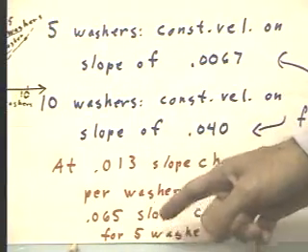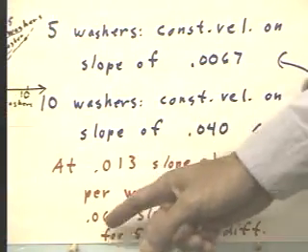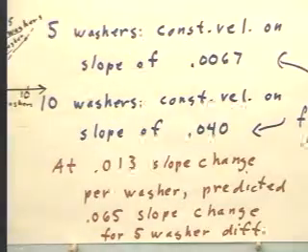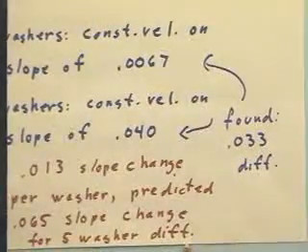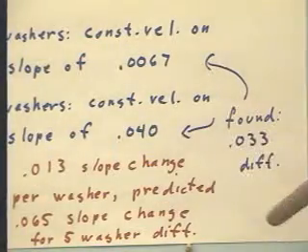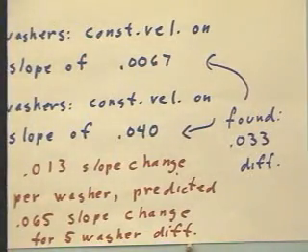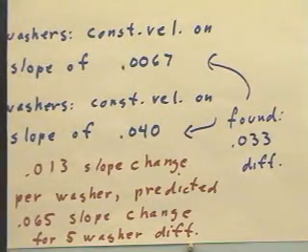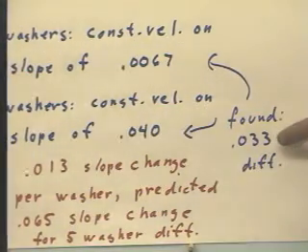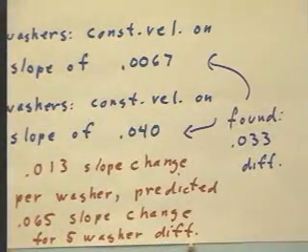If we had 5 washers, we'd have 5 times that, or 0.065 in slope change. And as we see here, the slope change that we found is only 0.033. So there's a significant and troubling discrepancy between what we found, the 0.033, and what we predicted, which is almost twice that.